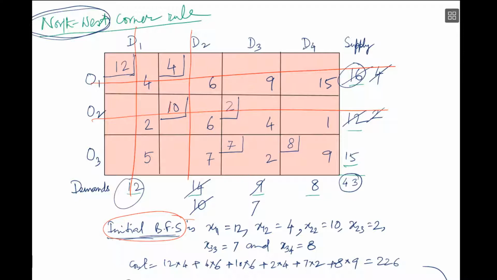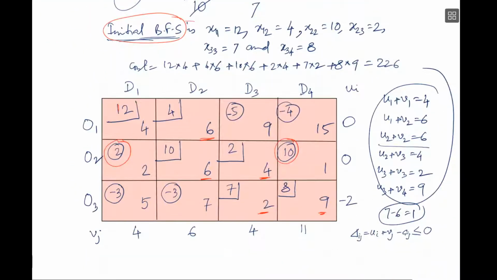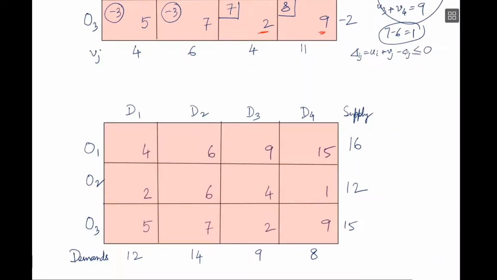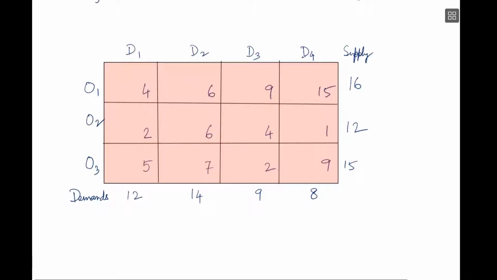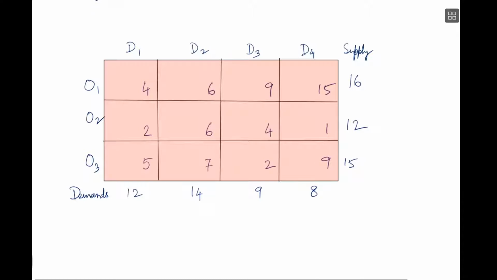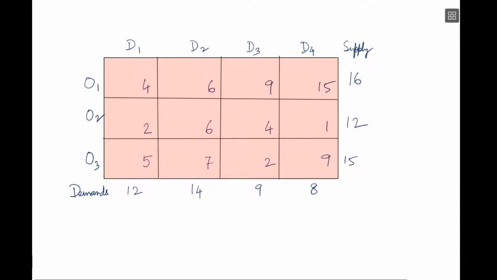And today we shall be studying some new methods to find initial basic feasible solution of transportation problem. Let us consider the same transportation problem, and we shall be solving this transportation problem using a method known as the matrix minima method.